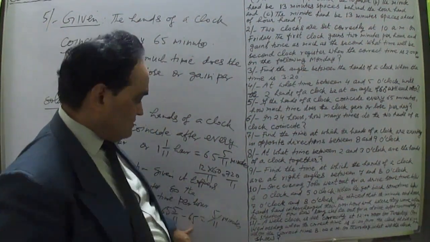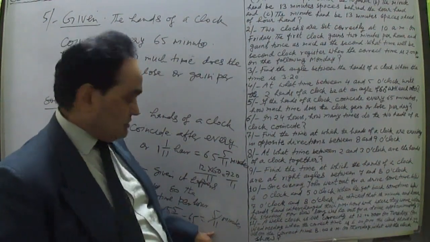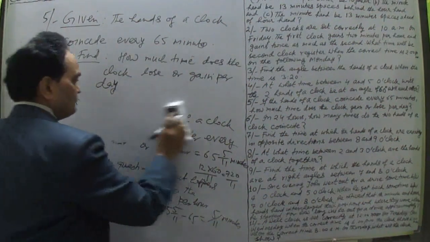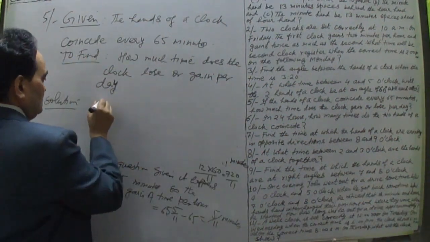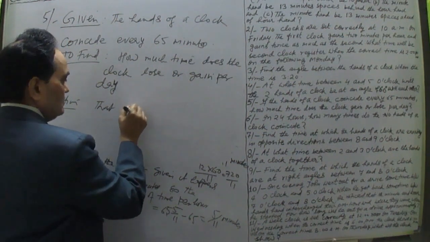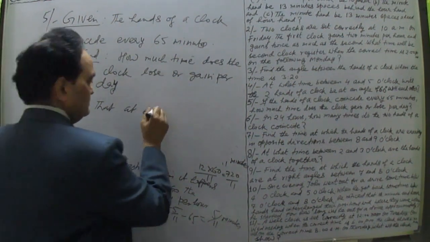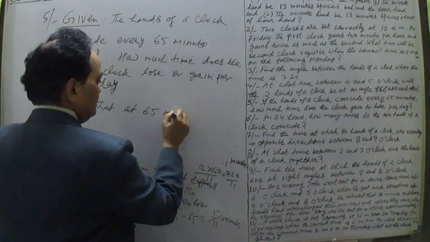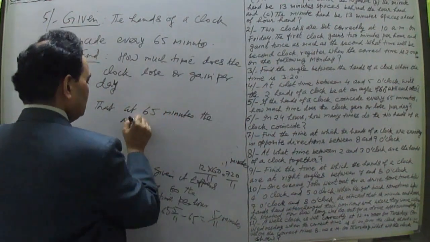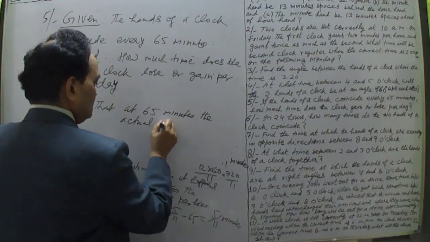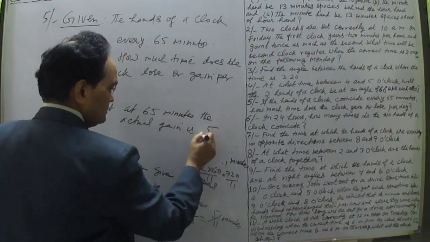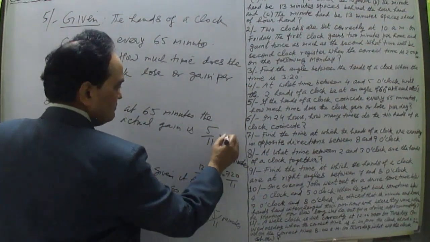So we can just say that at 65 minutes the actual gain is 5 upon 11 minutes.